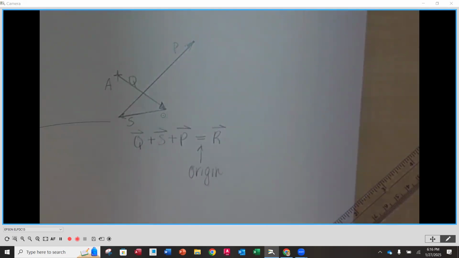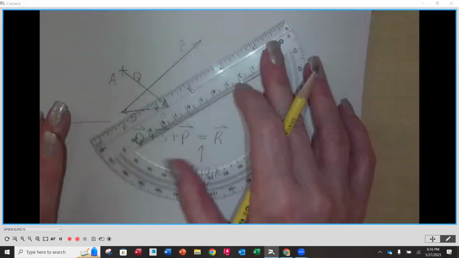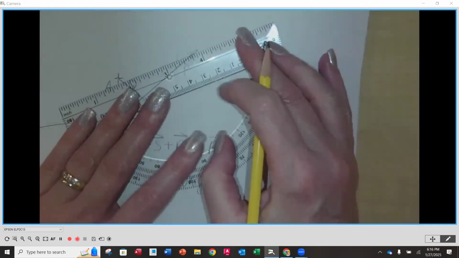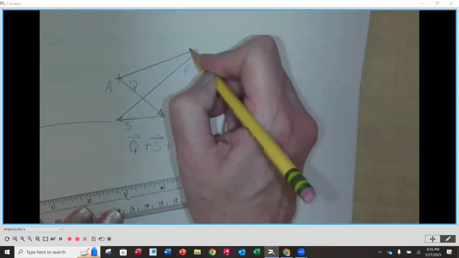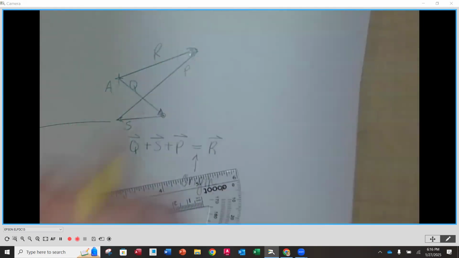When I cross over to the other side of the equal sign, I'm starting the tail of my first vector back at that origin. That's why I always use pencil. Its tail is going to start at the origin, and its tip is going to go to the tip of the last vector from the left-hand side. So here's going to be my R.